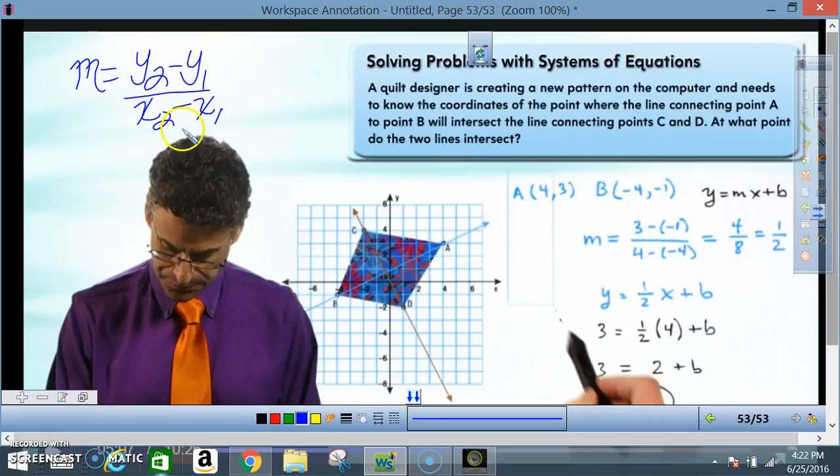Don't forget that. Y sub 2 minus y sub 1 divided by x sub 2 minus x sub 1.